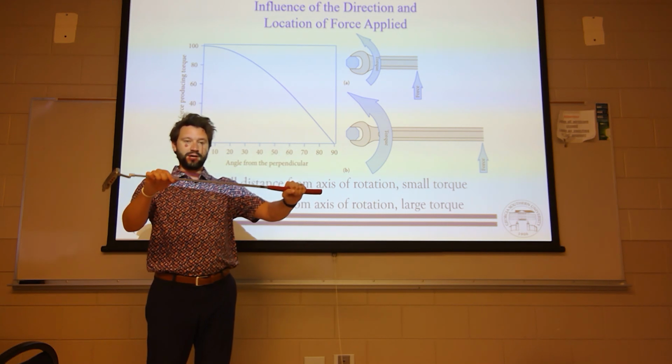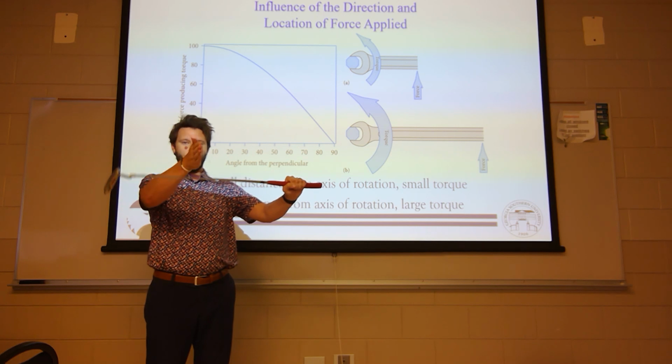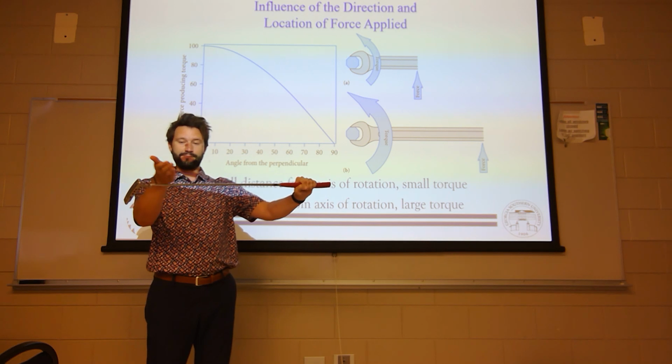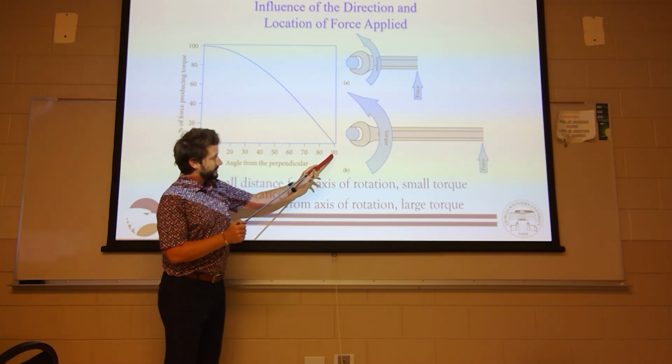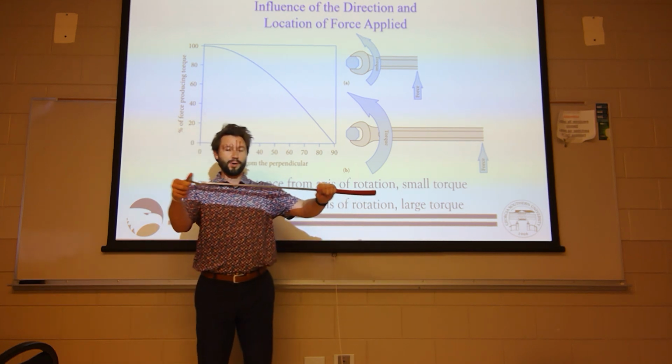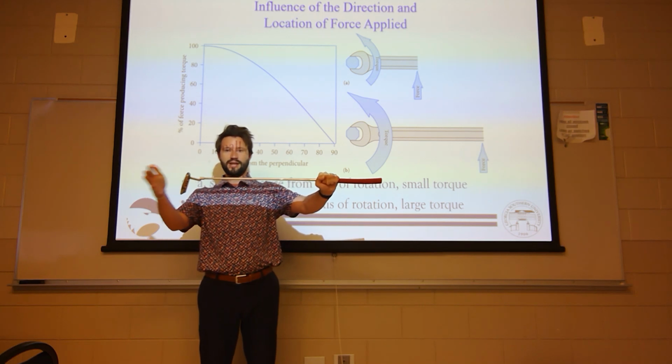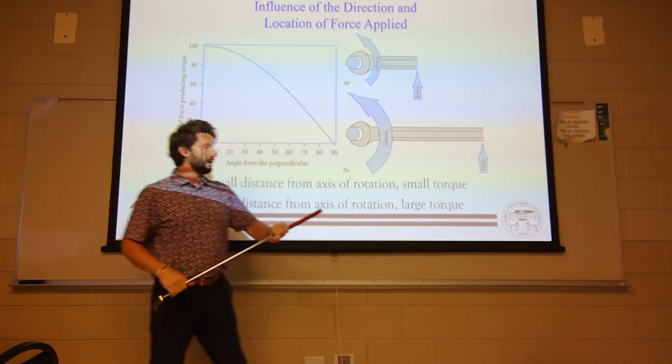And as we start to go up in degrees, we're coming in at more and more of an angle applying that force until we get to 90, where we are applying a perfectly parallel force. It's right into it. That's all we're talking about here.